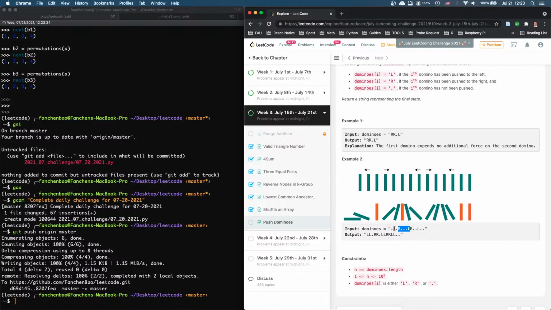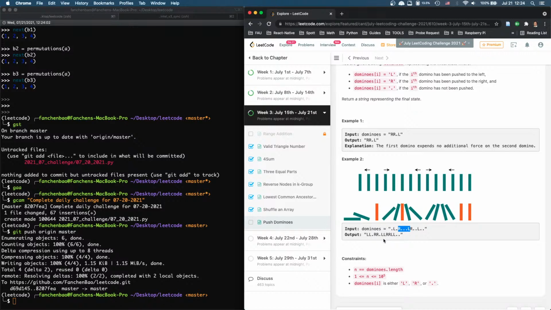So we push a left. If we push a left and there's nothing in the stack, that means everything before is going to be all left, right? And then we keep pushing, and then we pop it, and then we go to the output. And then we push in a right. If we push in a right, and we keep pushing, and we find another right, then everything in between will all be right.